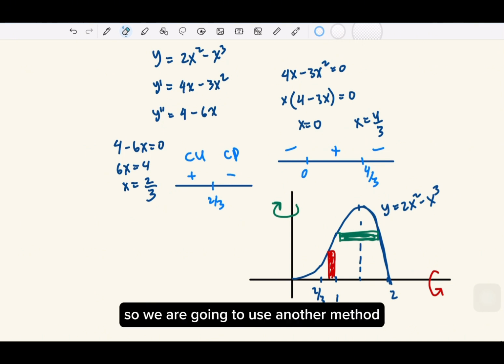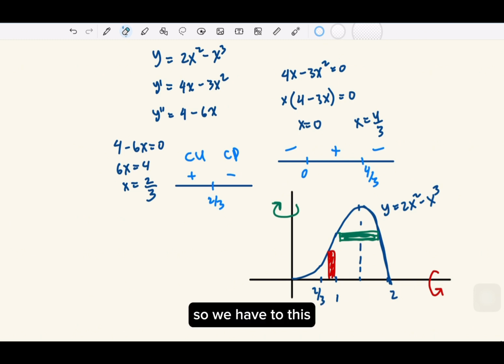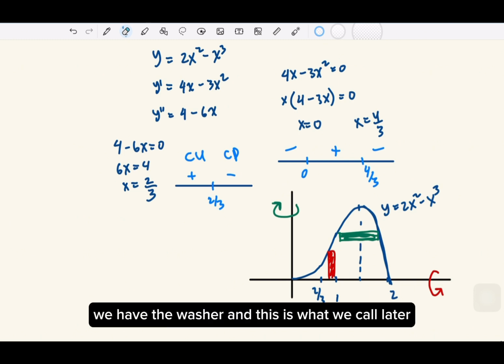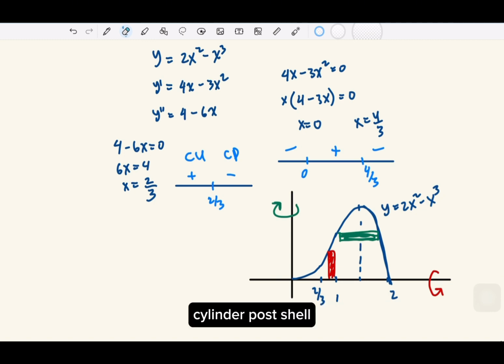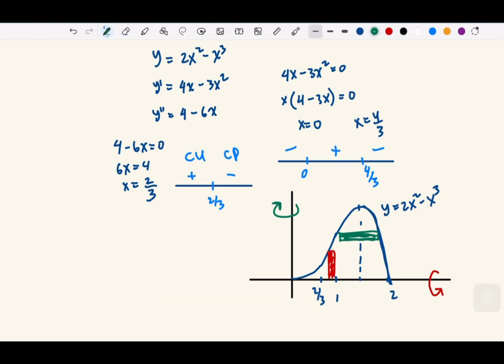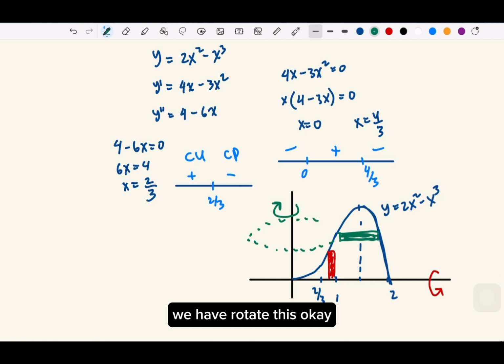So we are going to use another method. So we have the disc, we have the washer, and this is what we call, later we call the cylindrical shell. Cylindrical shell. So suppose that we have rotate this, okay?